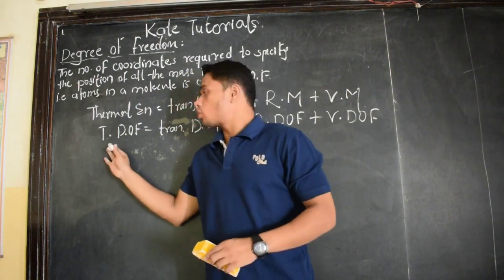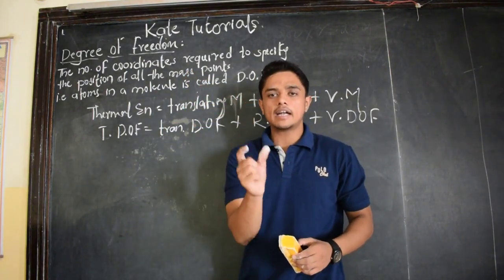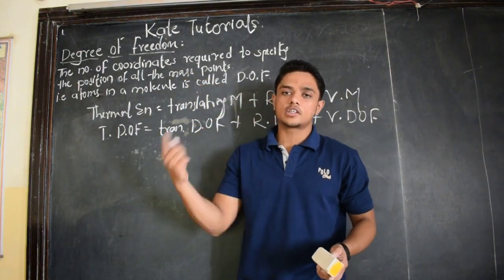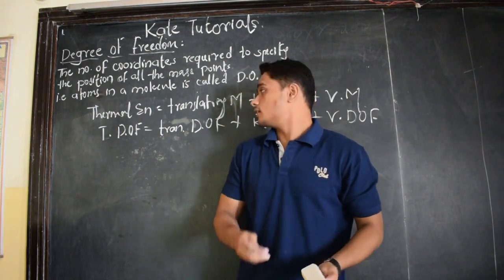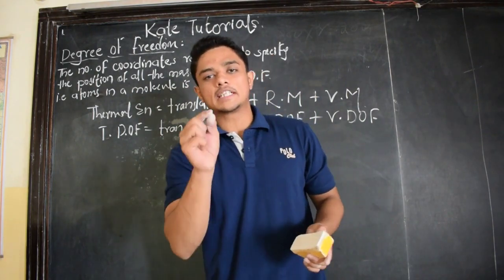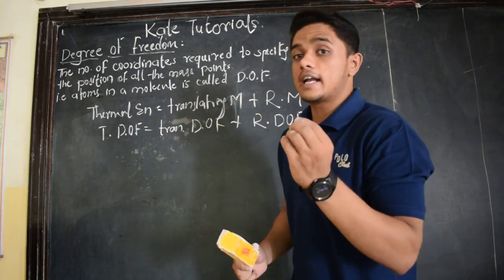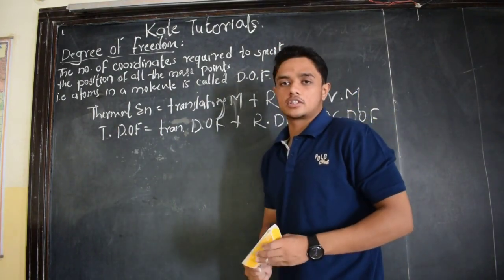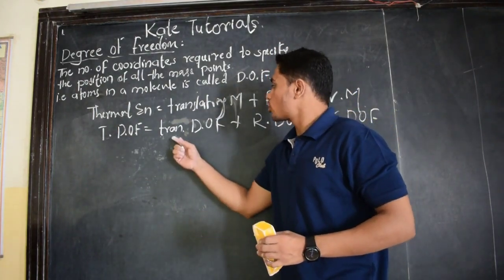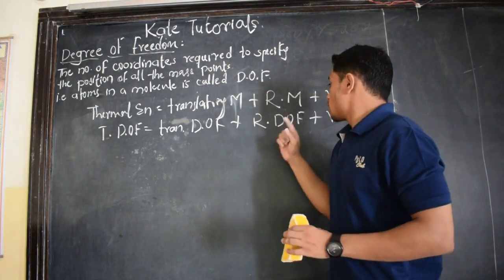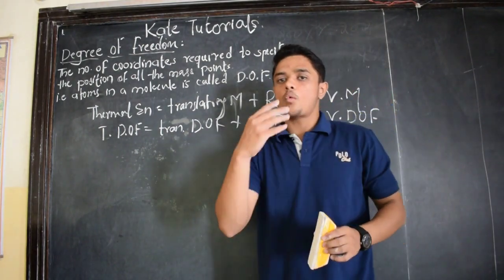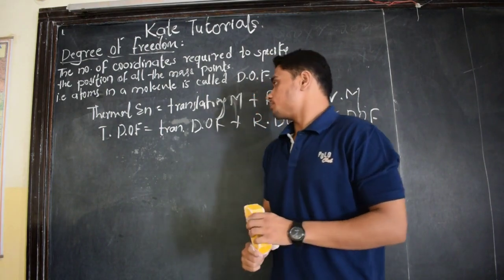We know total degrees of freedom: if there are n atoms in a molecule, then total degrees of freedom is nothing but 3n. 3n coordinates are required to represent the position of those n atoms. That is the total degrees of freedom. Now we need to discuss the translational, rotational, and then vibrational degrees of freedom.